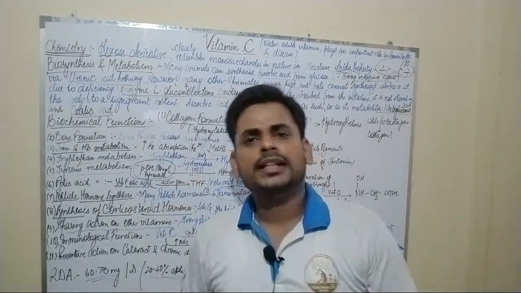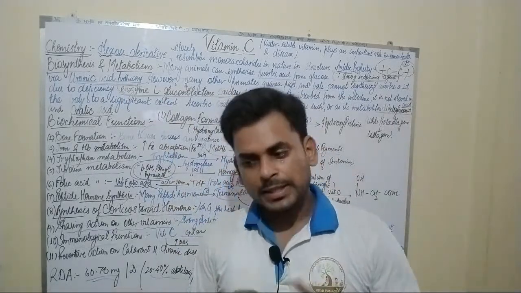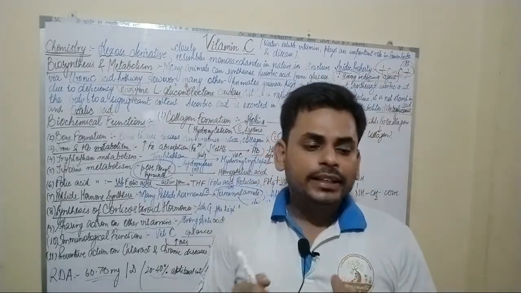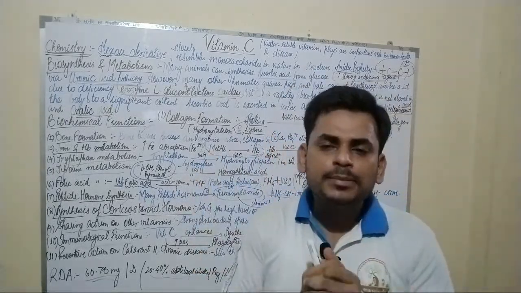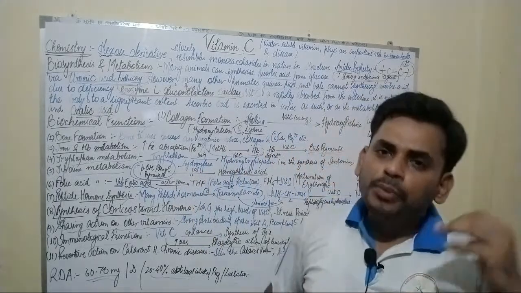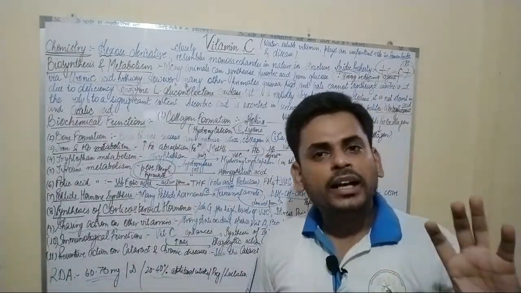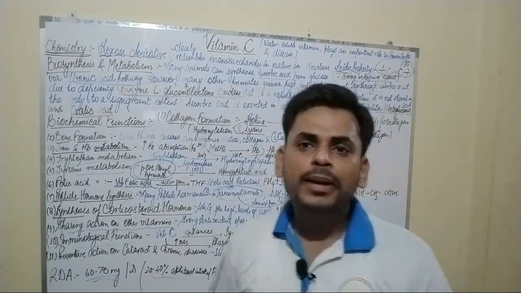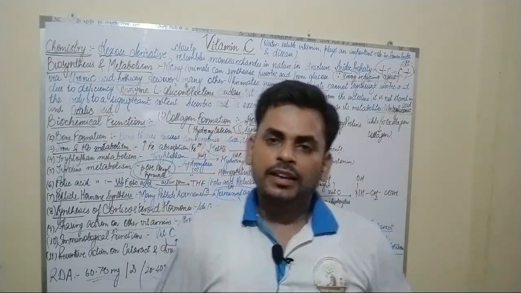Now looking at the deficiency symptoms. So students, the fact I need to emphasize over here is that most of the symptoms associated with vitamin C deficiency are due to impairment in collagen synthesis.